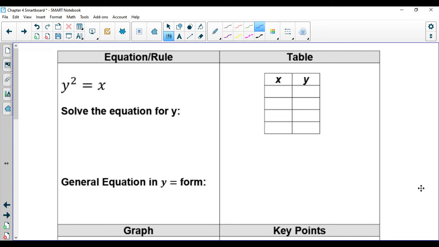All right, we are going to look at our last parent function for this section, which is y squared equals x. The first thing we want to see is notice that the y is not really by itself. It's being squared. So the first thing we want to do is get the y by itself. To do that, we are going to take the square root of each side.